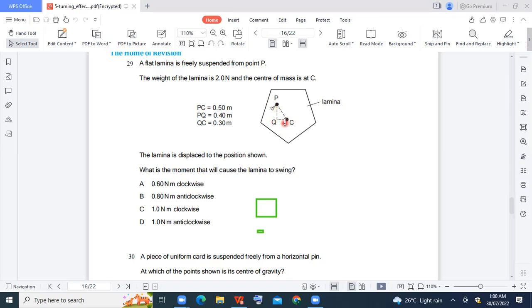QC, this is QC, which is 0.30 meter. So these values are mentioned here. So QC is this one, and PQ is this one, and PC is this one. So we have these three sides. The lamina is displaced to the position shown.